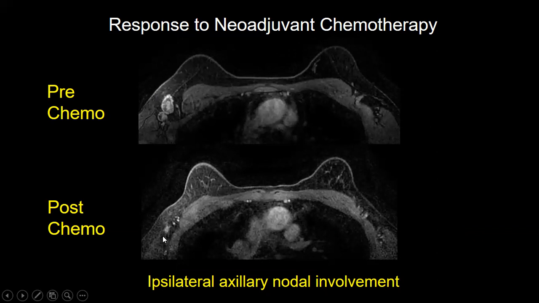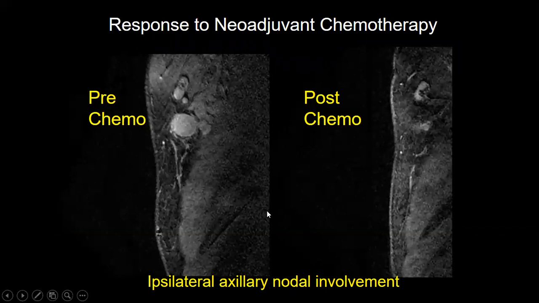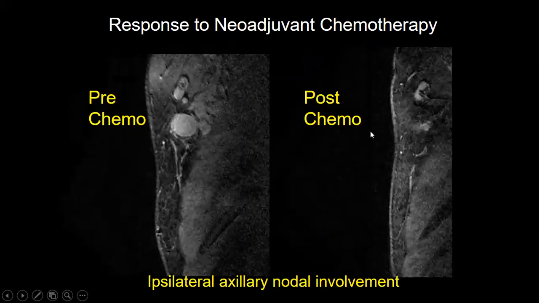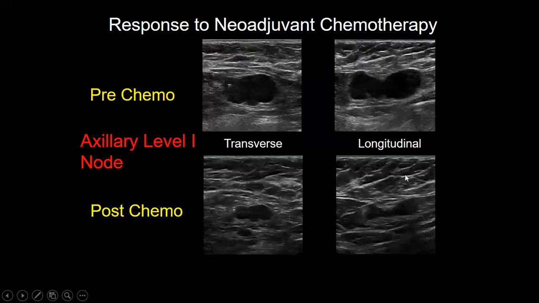And afterwards, you see that you can have response to the nodes. These are the axial images, and these are the corresponding sagittal images shown here before and after neoadjuvant therapy, a good response.